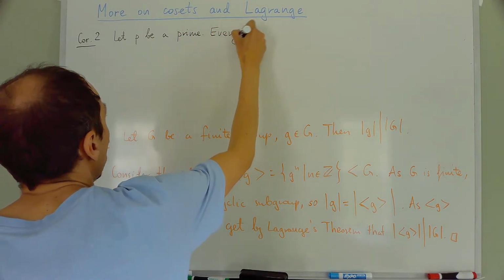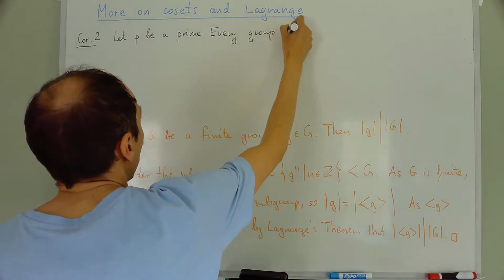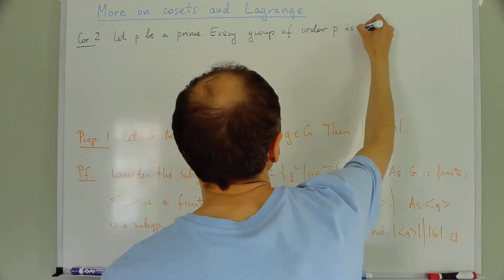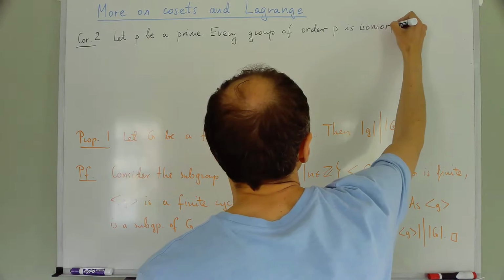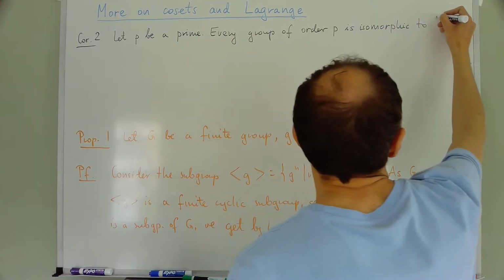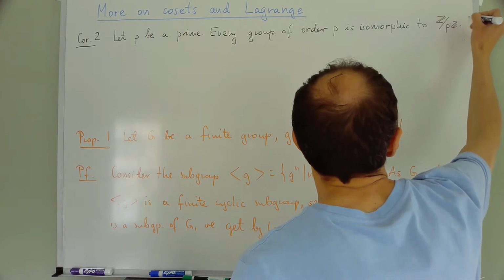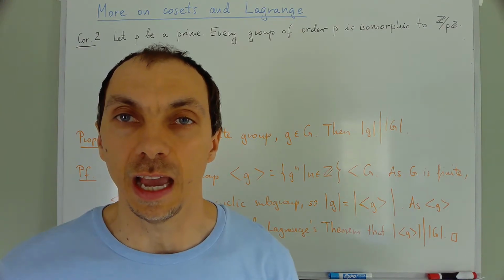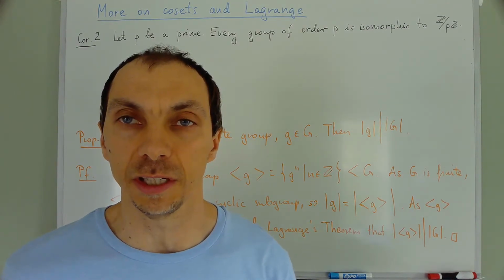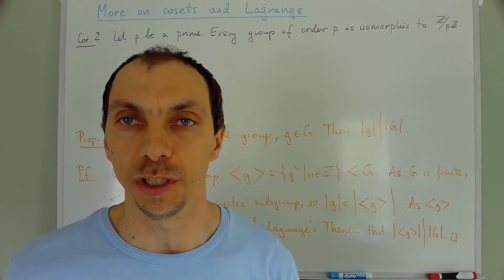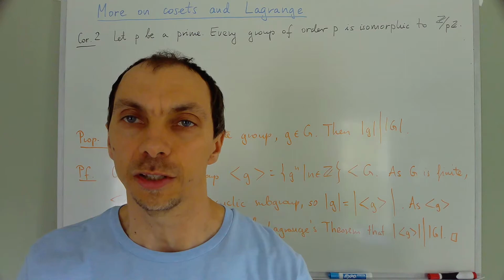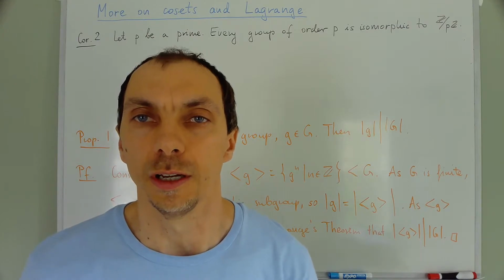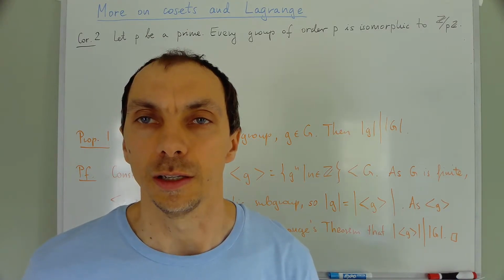Every group of order p is isomorphic to Z mod pZ. So in a sense, you can say up to isomorphism, how many groups of order 17 are there? In fact, they're all isomorphic to Z mod 17Z. So if you just look through the telescope of group theory, you do not see many groups of order 17, namely only one up to isomorphism, so Z mod 17Z.